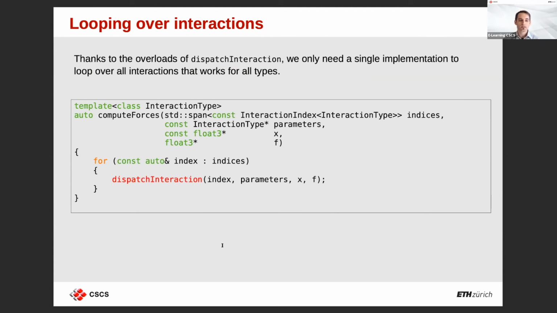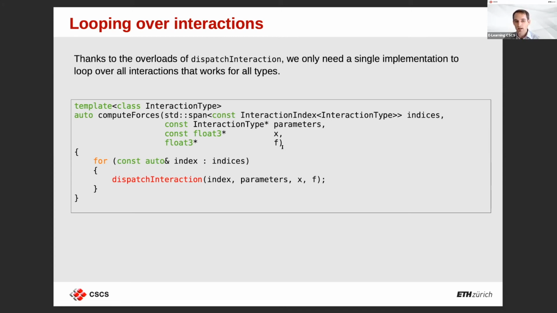And thanks to these overloads, I actually need to implement a loop over all the interactions for a given type only a single time. So I can just generically now take an index table and the parameter table, some coordinates and some forces to write the output to, and loop over all the interactions there.